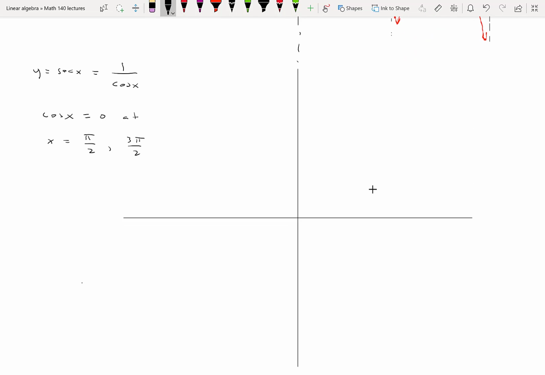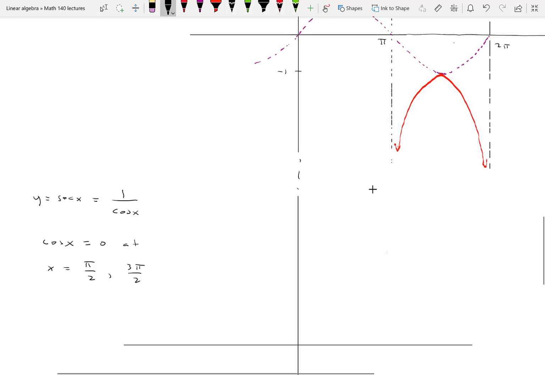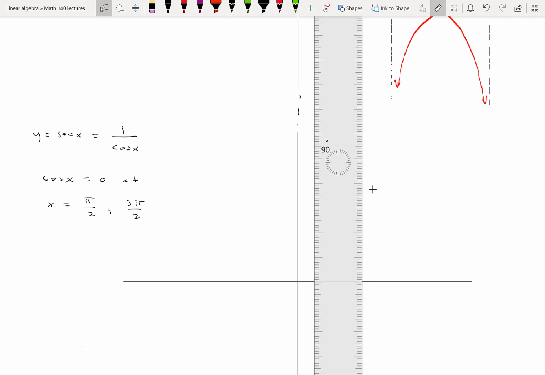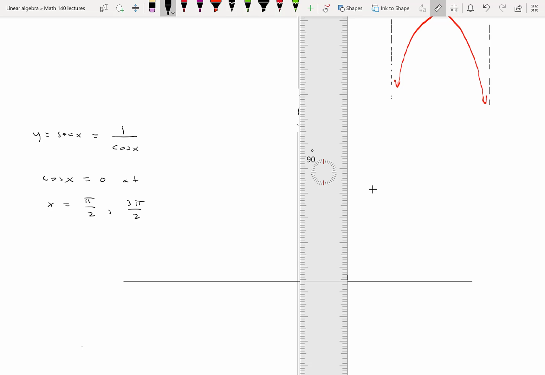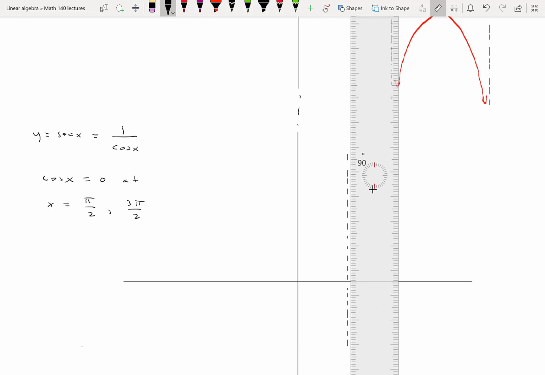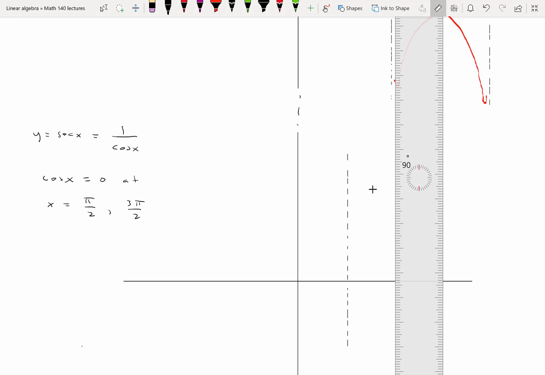At x equals pi over 2, I'm going to have a vertical asymptote. So at pi over 2, I'm drawing a vertical asymptote, and also at 3 pi over 2.